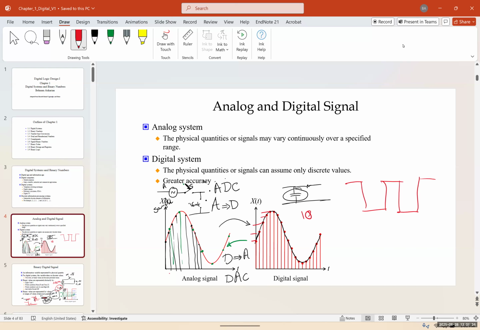As you remember, from analog to digital, we call it the ADC, or analog to digital converter. We use sampling. And for digital to analog, we call it a DAC, or digital to analog converter. We simply bridge the gaps and connect the dots using a capacitor.